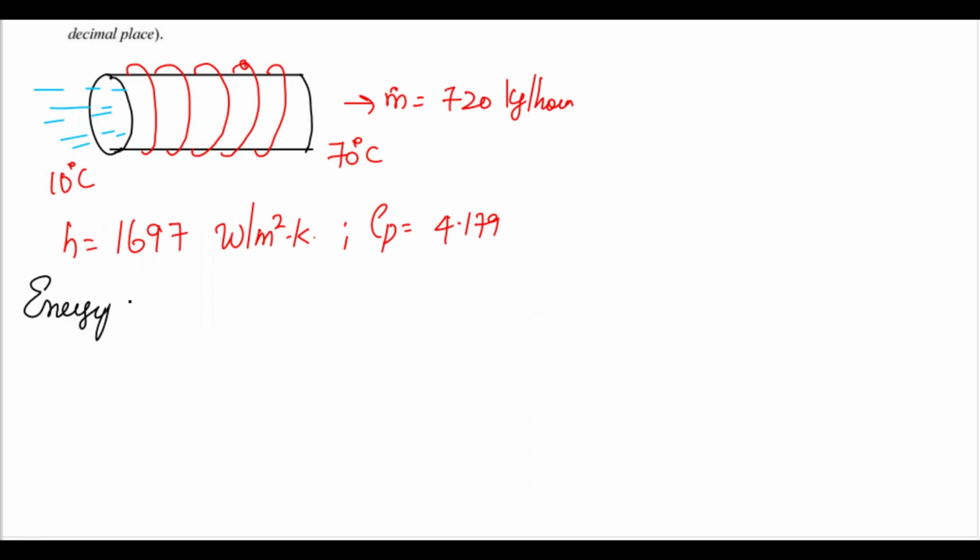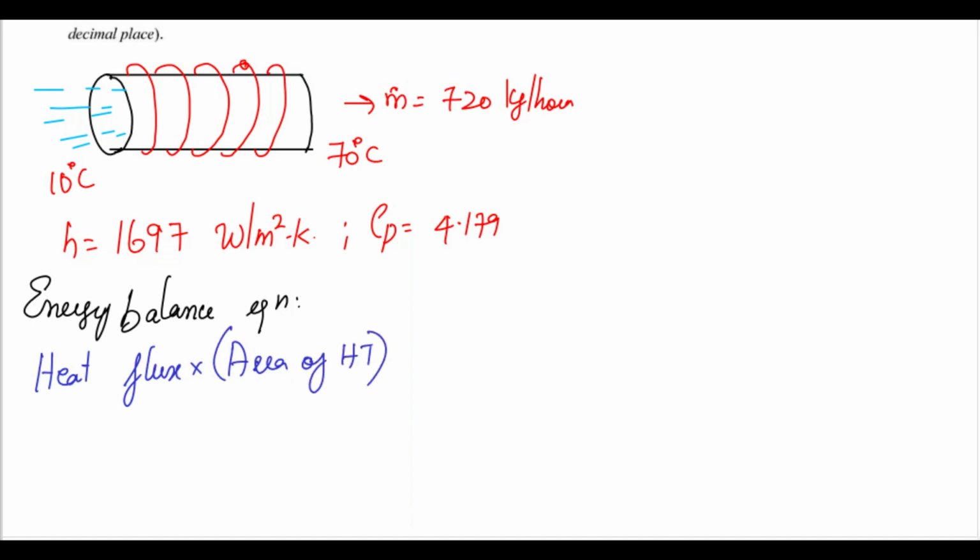The heat flux, Q by A, into the area of heat transfer, which involves the circumference and the length, should be equal to mass flow rate into Cp into delta T.